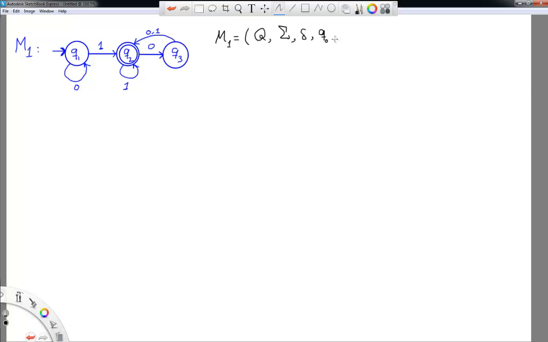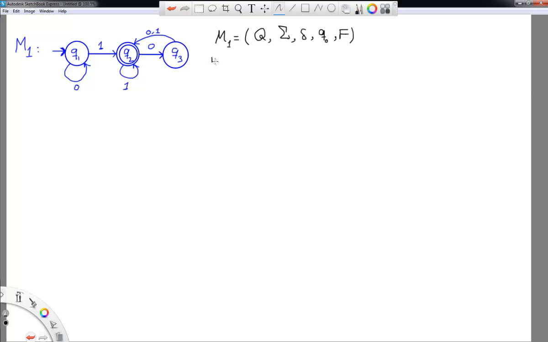It's not a set of states, and the capital F, or the big F, as a finite set of accept states. So this is my finite automaton M sub 1. I need to now define precisely each and every single one of these 5 elements.